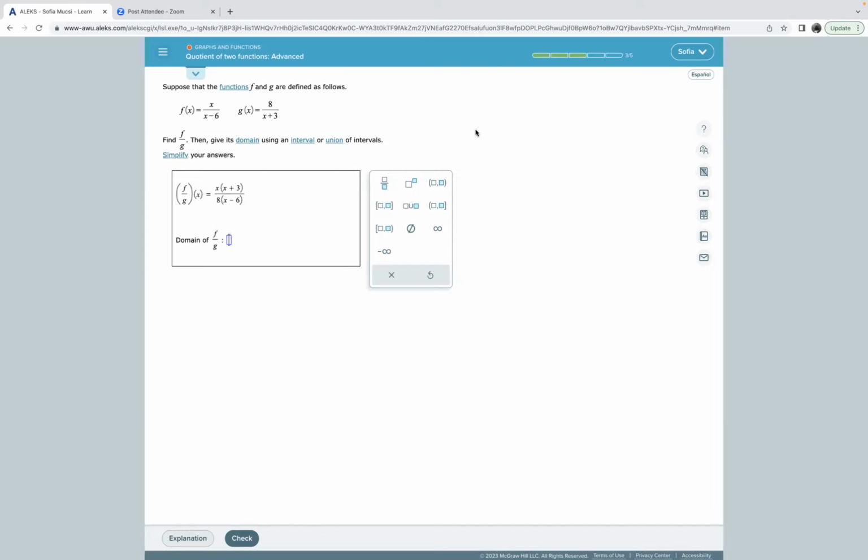You're still excluding 6, so it would be negative infinity to -3, union -3 to 0, to 6. 0 is not excluded, x is in the numerator, so you don't care about it. And then 6 to positive infinity. Yes. Okay.